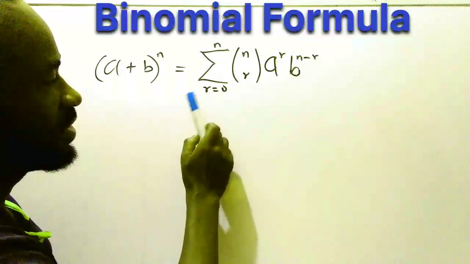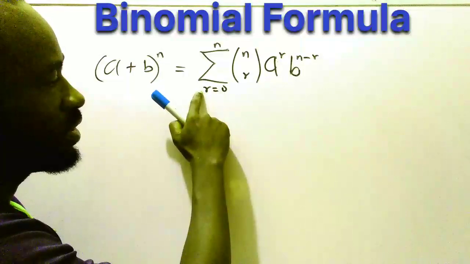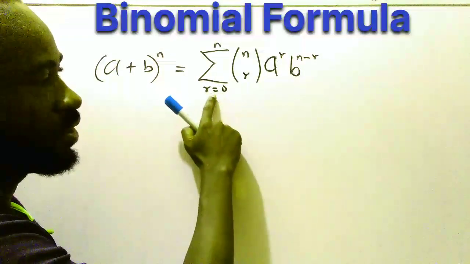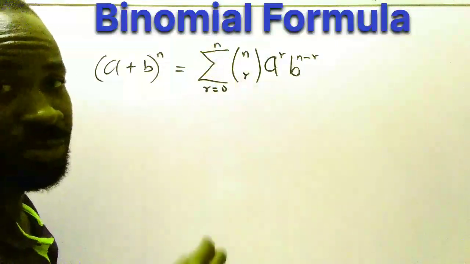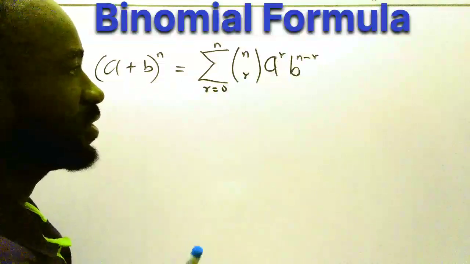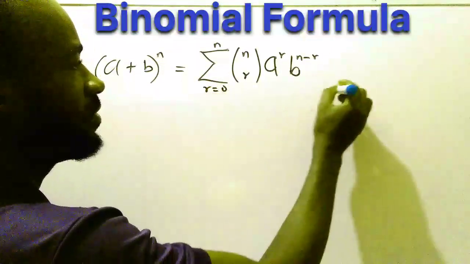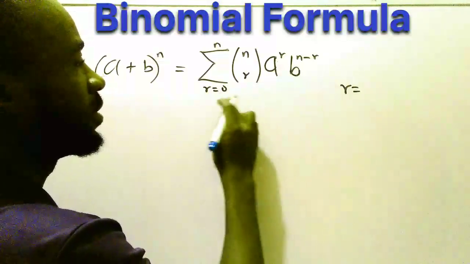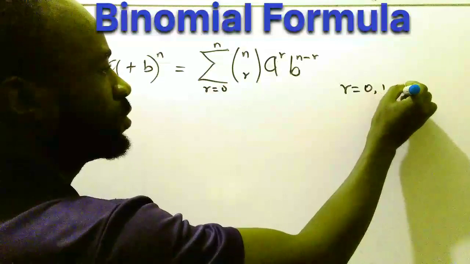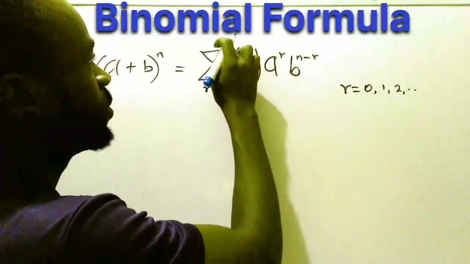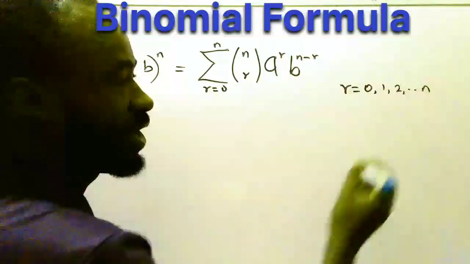You can see that there is r equal to 0 written below this symbol, and then there is an n on top. This is simply telling us that the value of r ranges from 0, 1, 2, down to this number on top, which is n.